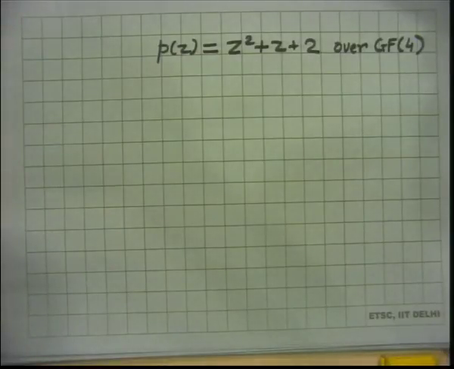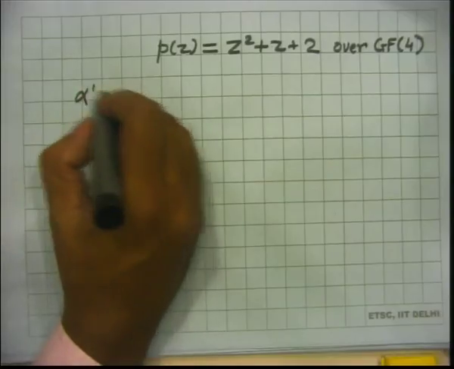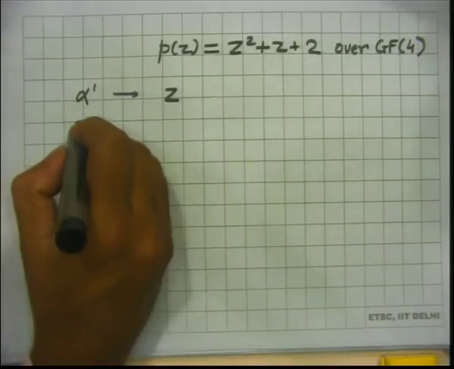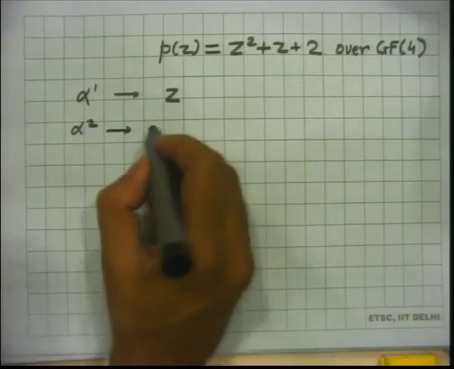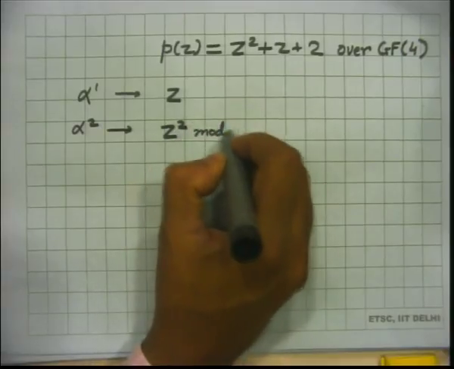Now, the elements are always taken modulo p(z). So, alpha raised to power 1 is nothing but z, no problems. Alpha squared is nothing but z squared modulo p(z).